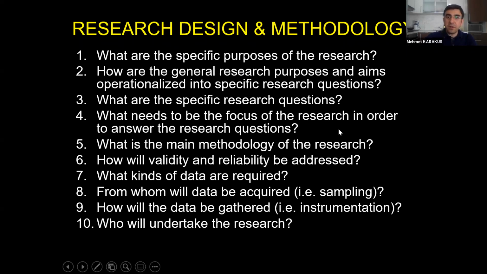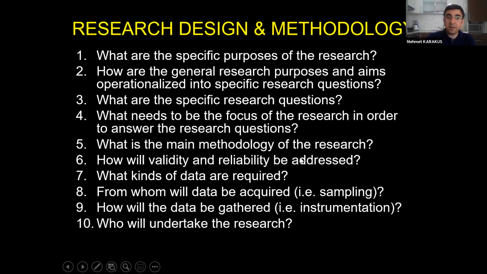What needs to be the focus of the research in order to answer the research questions? We should select our focus in the beginning. What is the main methodology of the research? We can use a different methodological approach, but we can have a main methodology in our research. How will validity and reliability be addressed? How do we ensure validity and reliability in our research?